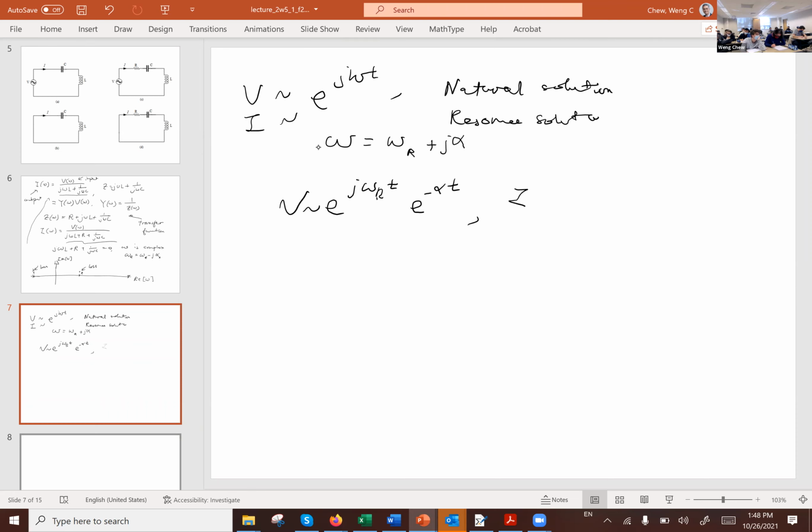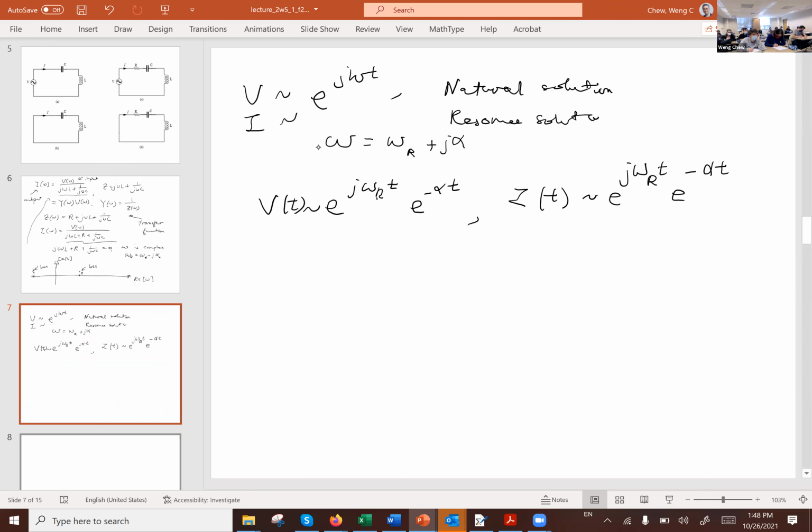And then the current in the time domain will also behave in this manner. It will have an oscillatory part plus a decaying sinusoid. Okay.